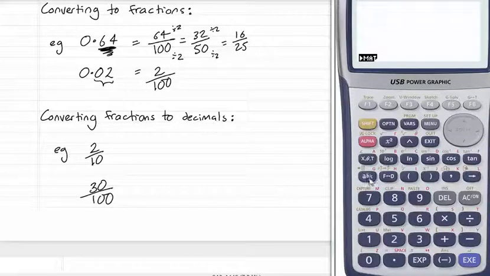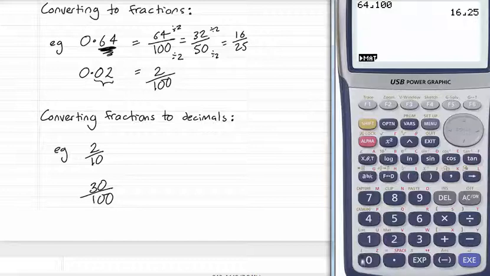Remember, we've got a fraction button on our calculator. 64 over 100 is 16 over 25. So we can check our simplification with our calculator.